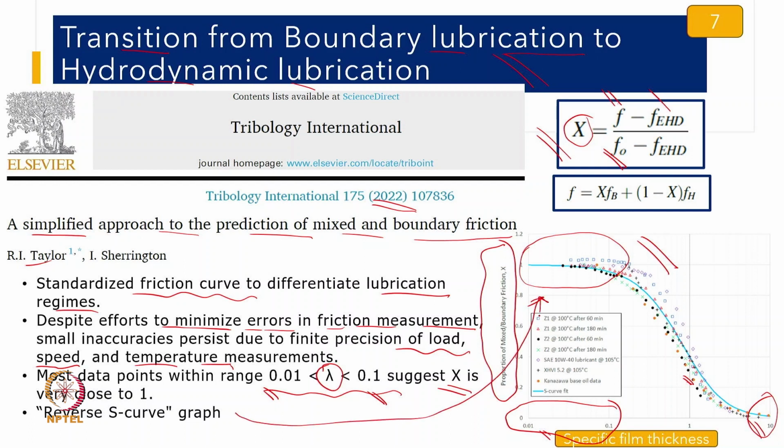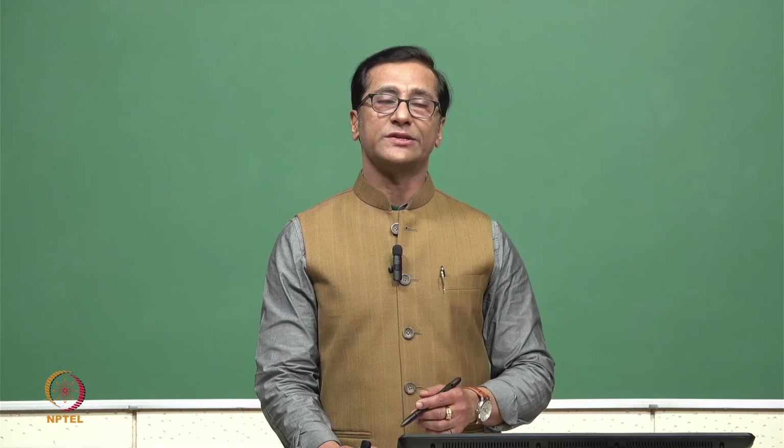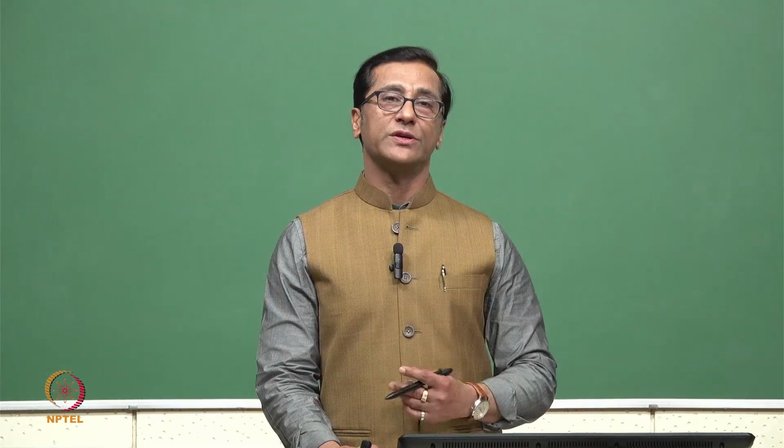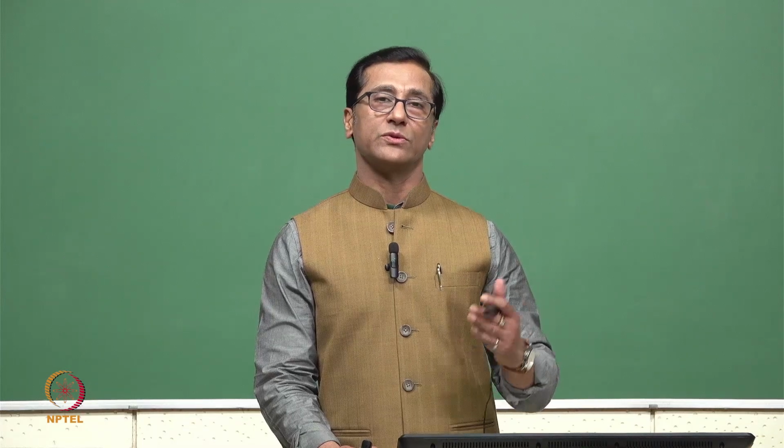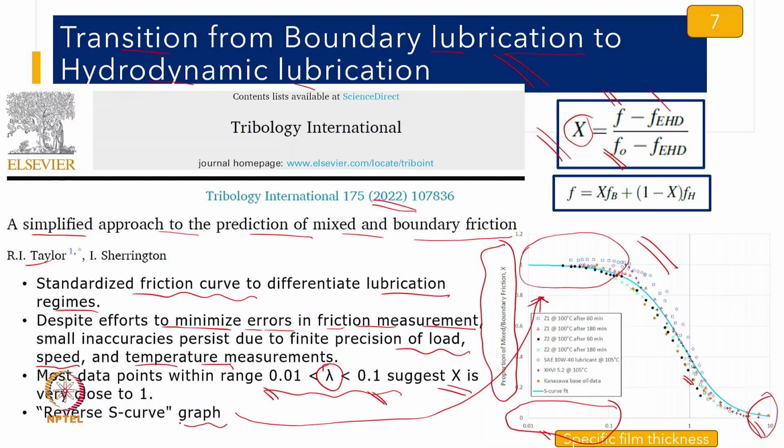So if you want to go through the literature, you can figure out how to differentiate between hydrodynamic, elastohydrodynamic, mixed lubrication, and boundary lubrication. You can refer to the reverse S curve, which is shown in this manner. You can see here, this is the reverse S curve, and we can plot it and get good results from this.